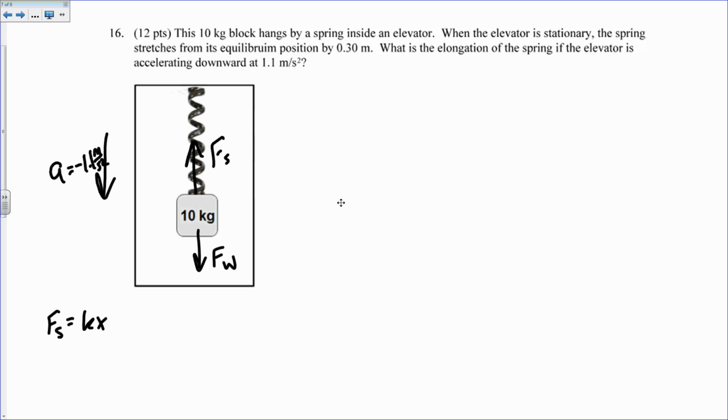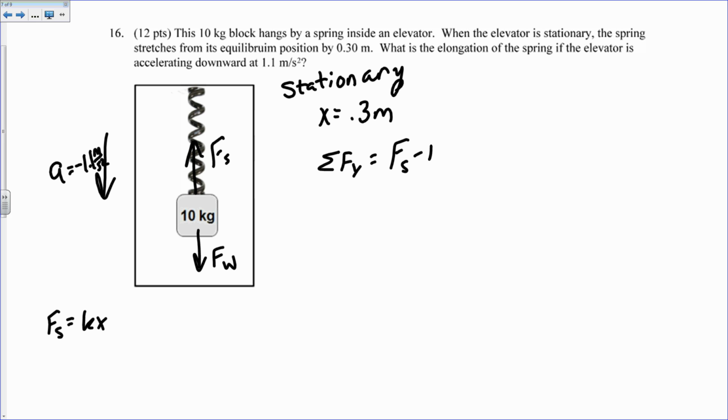All right, first I need to find k. I don't know k, but I know that when the elevator is stationary, x equals 0.3 meters. And I also know, if I look, this is stationary. I look at the sum of the forces. That's going to be Fs minus Fw equals 0 because it's not accelerating.